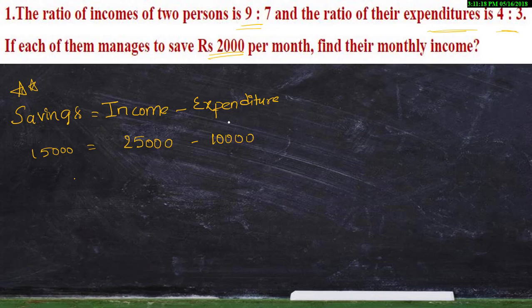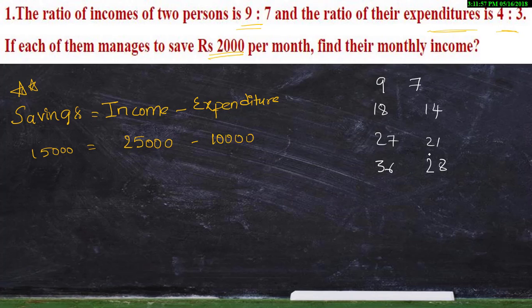Now let's read the question. The ratio of incomes of two persons is 9:7. If the ratio is given as 9:7, it may be 9:7 or 18:14 or 27:21, maintaining the same ratio. 9 ones are 9, 7 ones are 7, 9 twos are 18, 7 twos are 14, 9 threes are 27, 7 threes are 21, 9 fours are 36, 7 fours are 28.